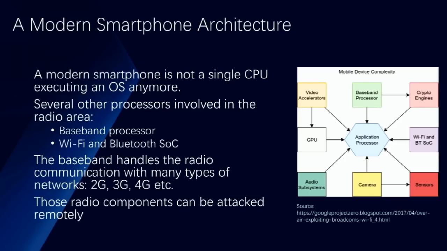In the radio area, you have the baseband processor and the Wi-Fi and Bluetooth system on chip mainly. And the baseband handles the radio communication with many different types of network, such as 2G, 3G, 4G. So, for example, GSM, UMTS, and LTE. And this kind of radio component can be attacked remotely over the air.